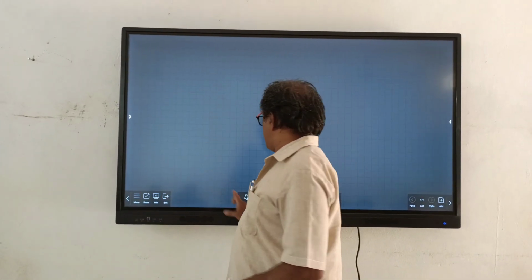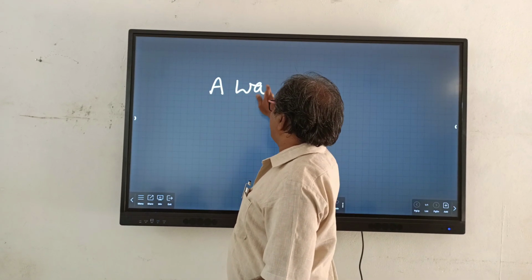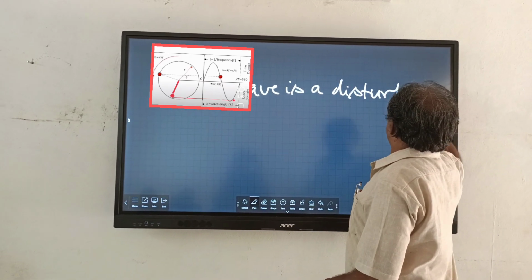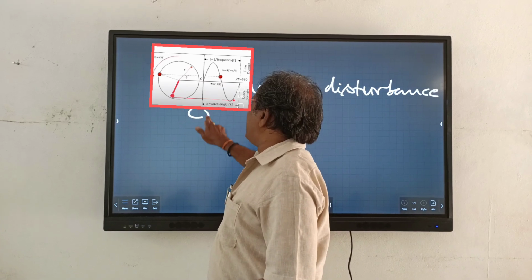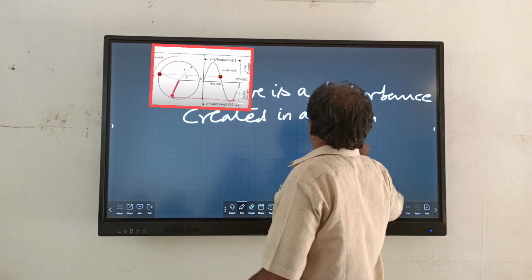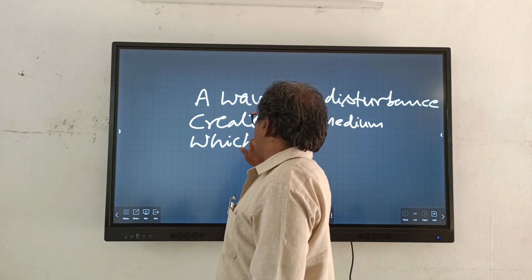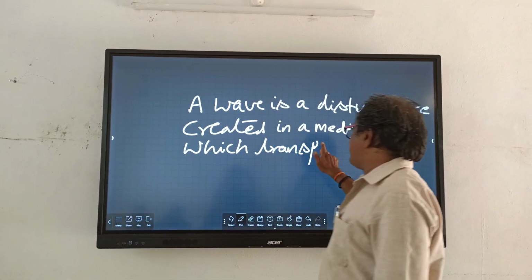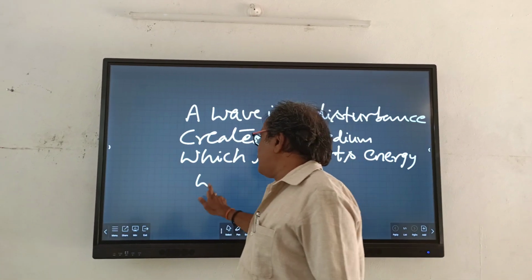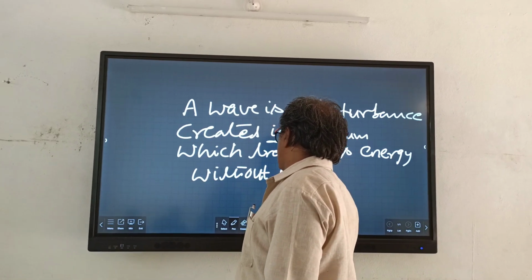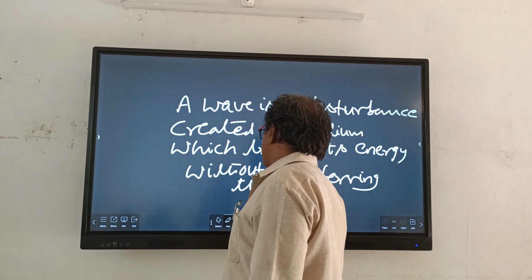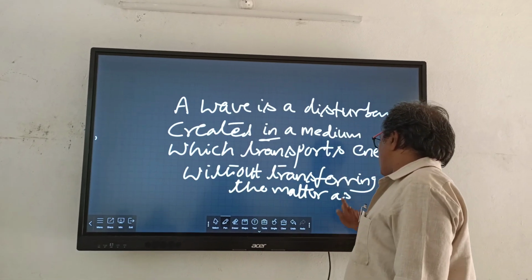A wave is a disturbance created in a medium which transports energy without transferring the matter as a whole.